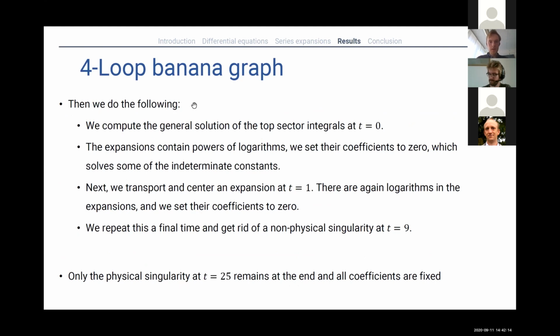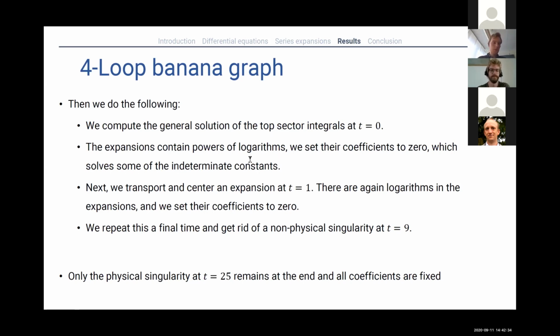Right, so if you do this, you can first find the general solution around t = 0, and that gives you some logarithms which should not be there, because this integral is finite and it should be well behaved as you put p squared to 0, because you have masses on all the propagators.